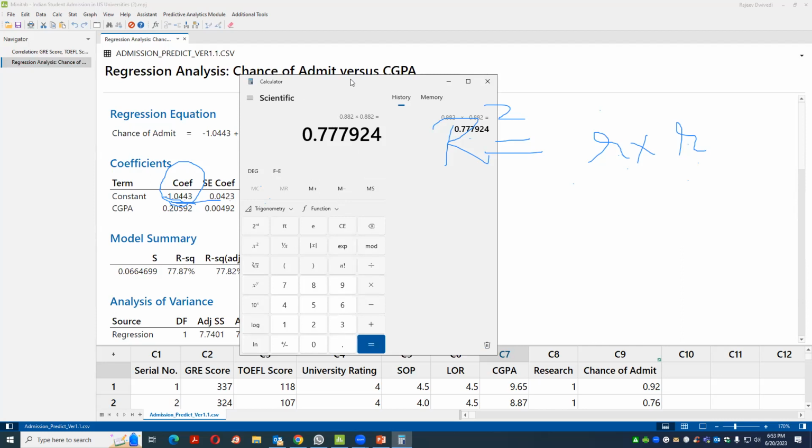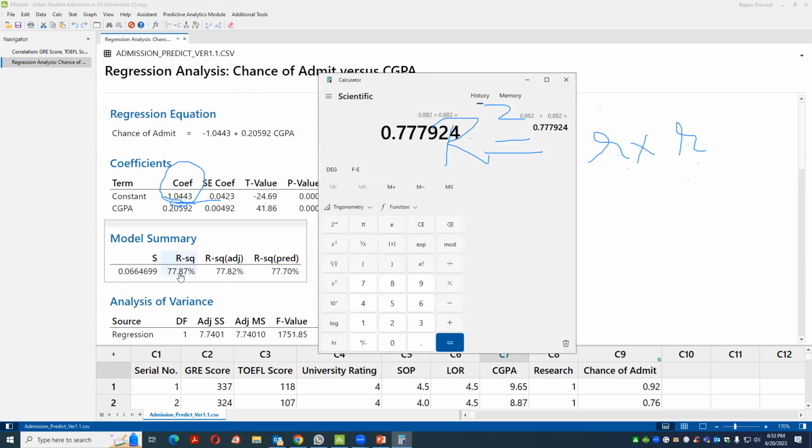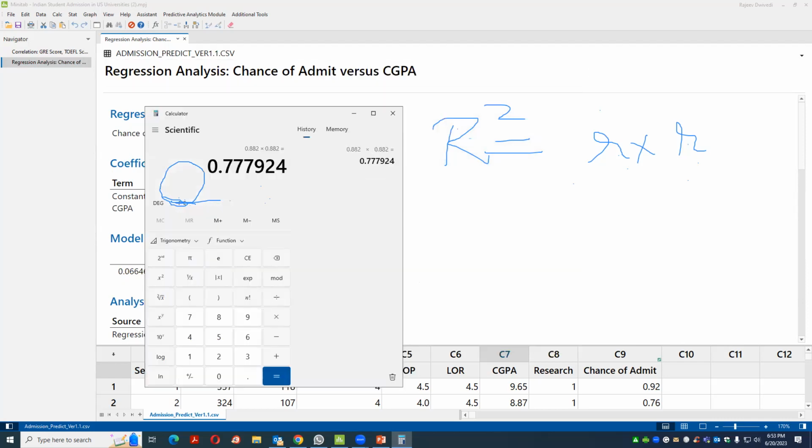Here you can see this is 77.8, the same number. So this is the relationship. This is only valid in simple regression. It doesn't fit into multiple regression. If you have simple regression and the correlation coefficient is given, then you can calculate 0.882 into 0.882, that is R square.